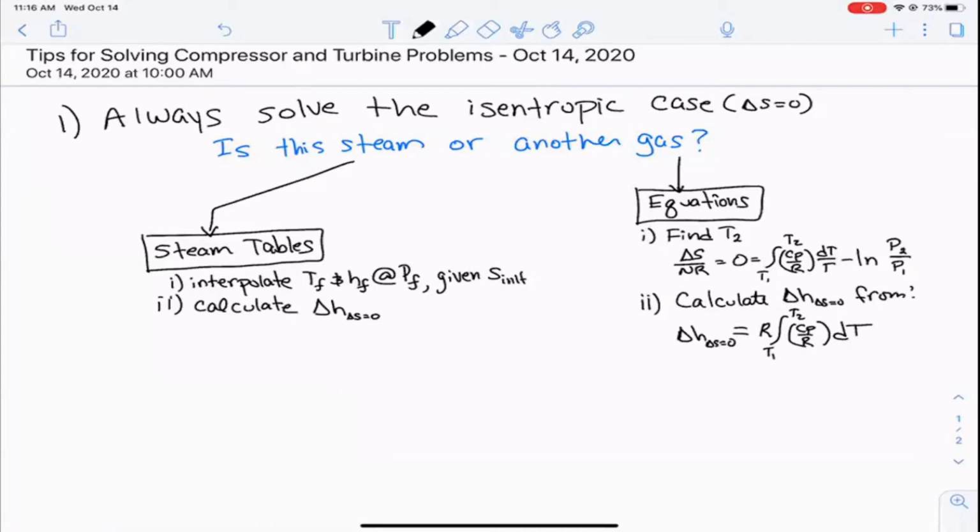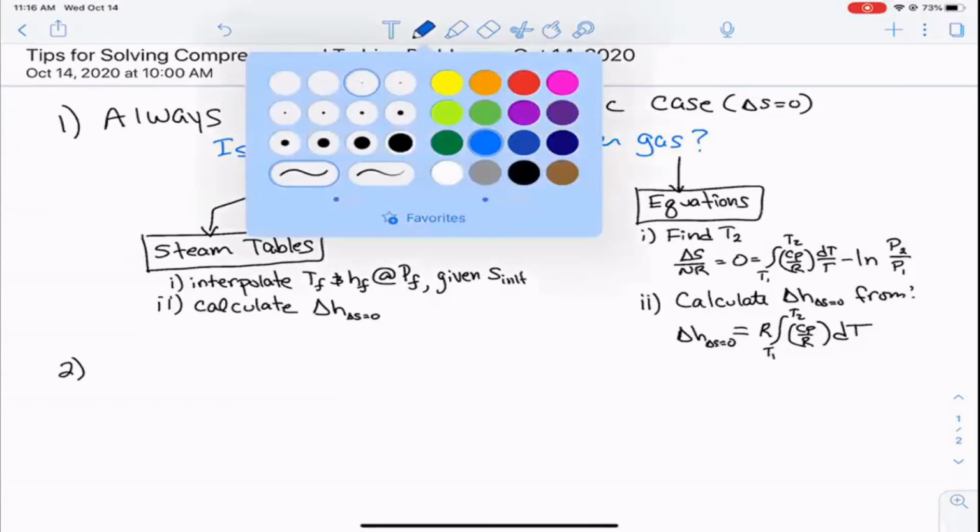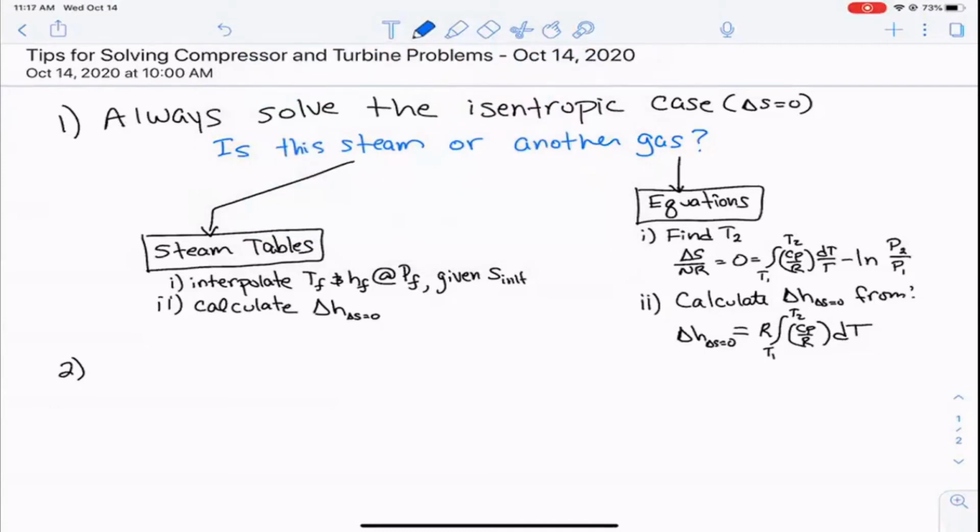So now we typically have this. And problems around compressors and turbines then almost always have an efficiency component to them. So the second step in a process like this leads me to ask myself another question.